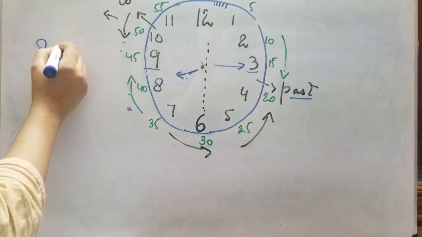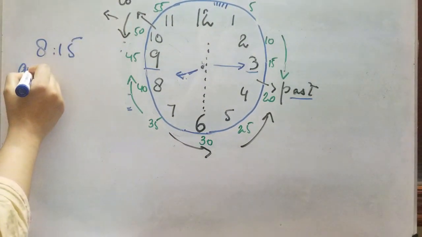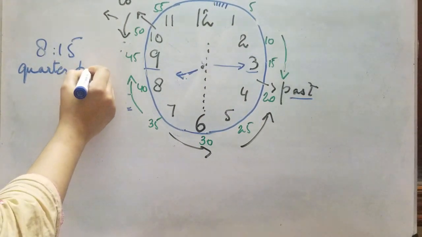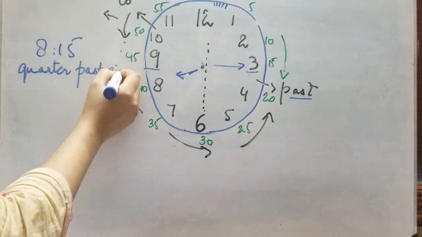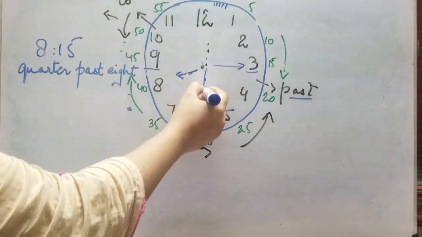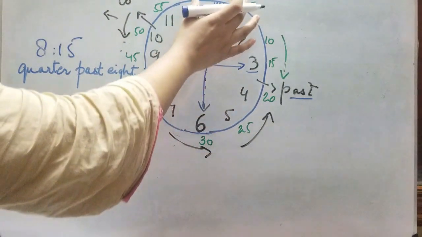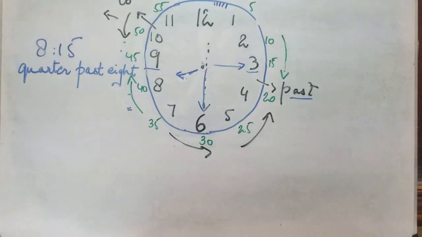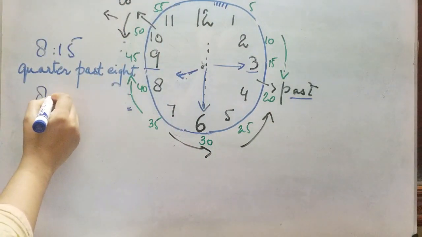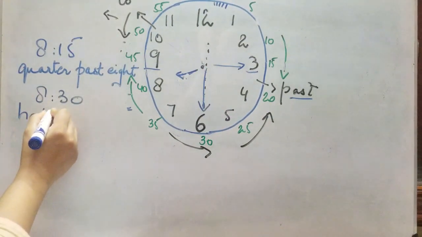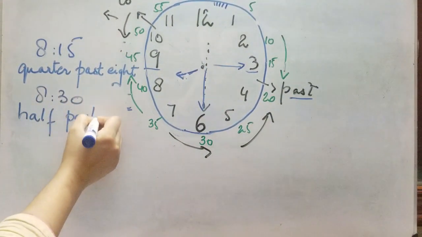Okay, now if it was pointing towards 6, that means half of the clock has already been completed, right? So how are you going to read 8:30? You'll say it as 8:30.